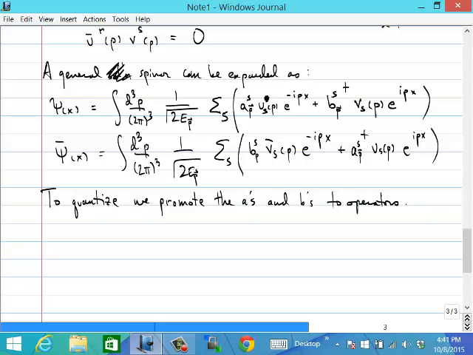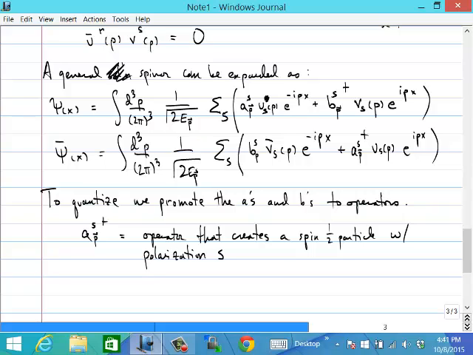And just as in the quantization of a free scalar field, a_p^s dagger, what is that? That's the operator that creates a particle, that is to say a spin 1/2 particle, with polarization s. So s labels the two different possible polarizations a spinor can have.